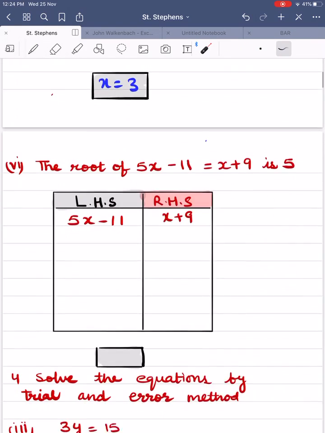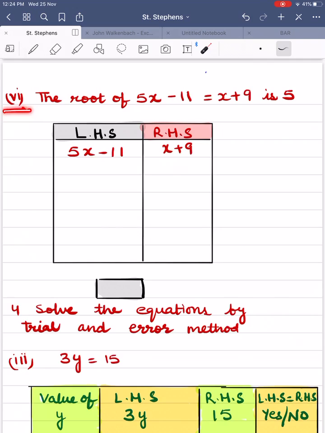Now let's do sixth part. The root of 5x minus 11 is equal to x plus 9 is 5. Here again we have to substitute x is equal to 5 in left hand side and right hand side and verify both sides are equal. So we have 5 into 5 minus 11 in left hand side.